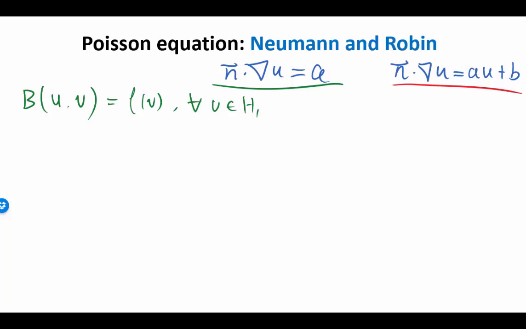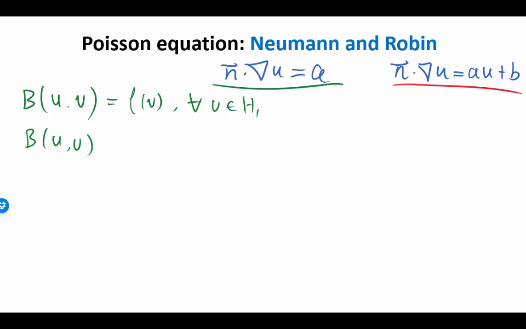And V is any function. The test of orthogonality is saying that the residual has to be orthogonal to any vector in the linear space. So the test function should be any function in the linear space. So if I have a Neumann boundary condition, I should not modify my bilinear form.